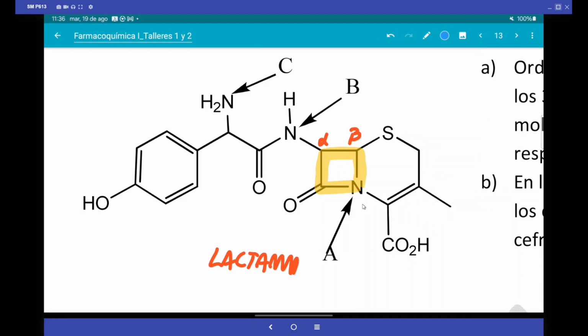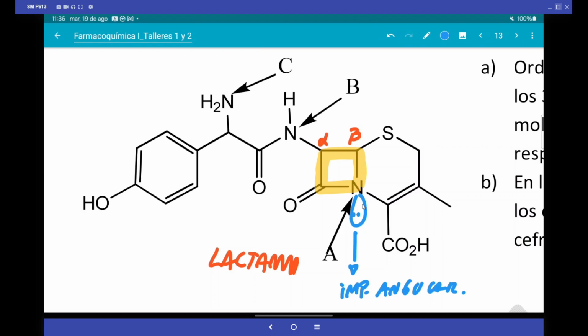It does not have resonance. The electron pair of the nitrogen is not conjugated by resonance with the carbonyl because of angular impediment, a steric hindrance, a spatial clash of atoms, so the nitrogen remains at such an angle with the electron pair pointing outward, preventing it from going into resonance. Okay, so it does not have resonance.